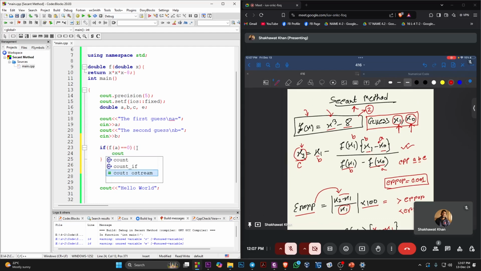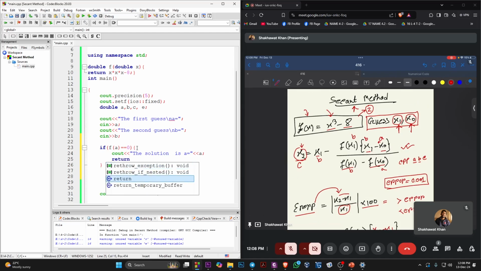So I will do this. The solution is A equal to A. And we will close this program, return 0.